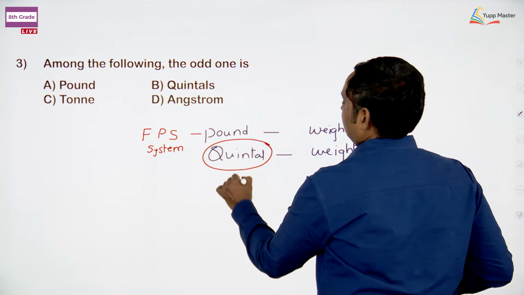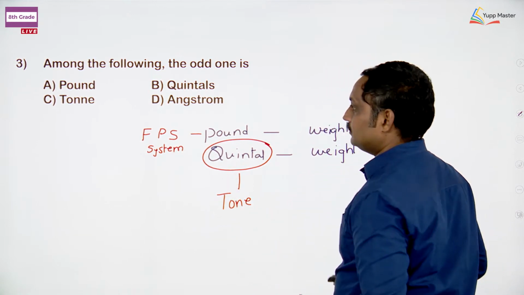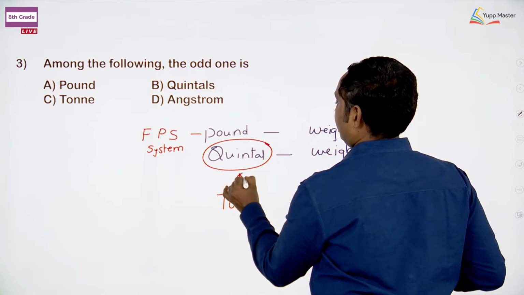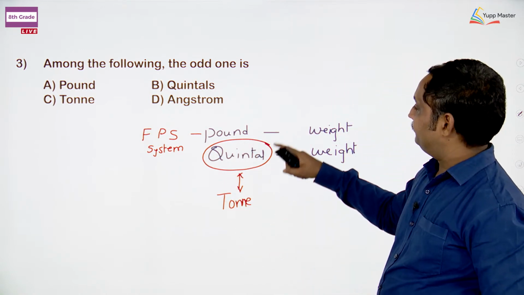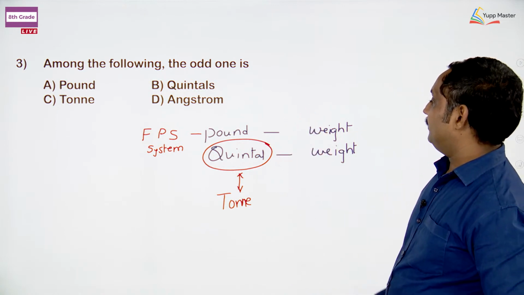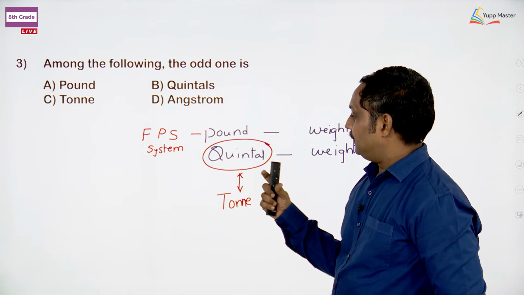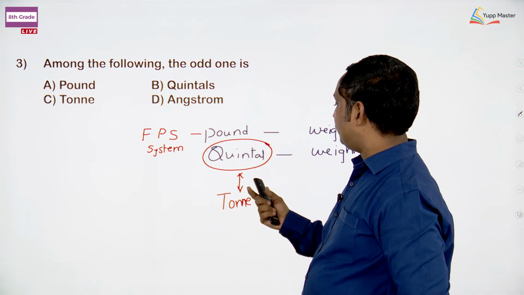Now you can have ton. Yeah, there is a relation. It's going to be convertible. There is one relation in terms of this weight.